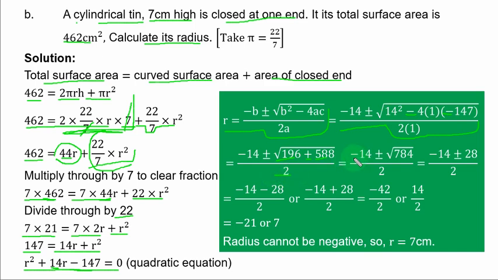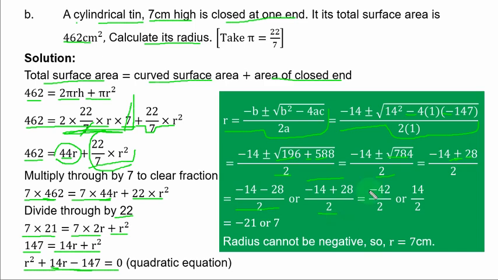So you have minus 14 plus or minus. If you add under the square root, you have 784 over 2. You have minus 14, square root of 784, you have 28, over 2. Because of this plus or minus, you write that expression twice. That is minus 14 minus 28 over 2, or minus 14 plus 28 over 2.